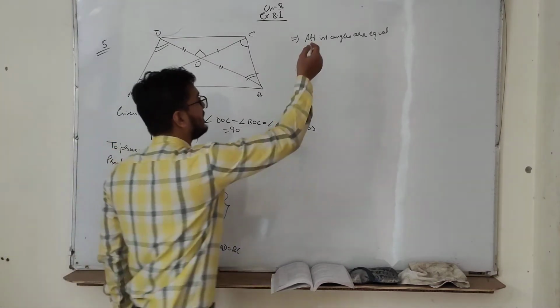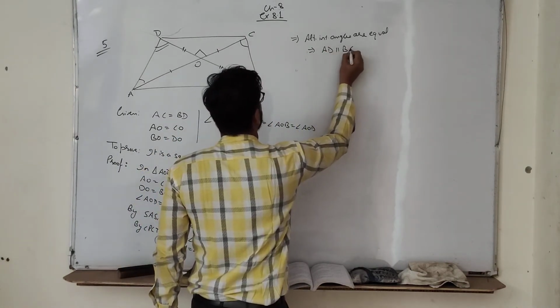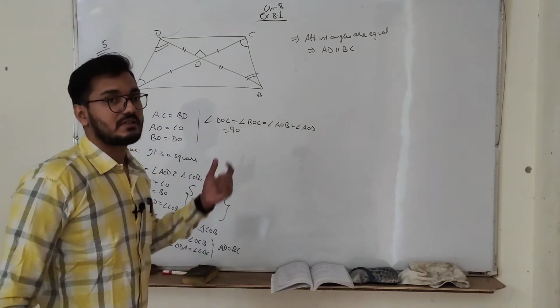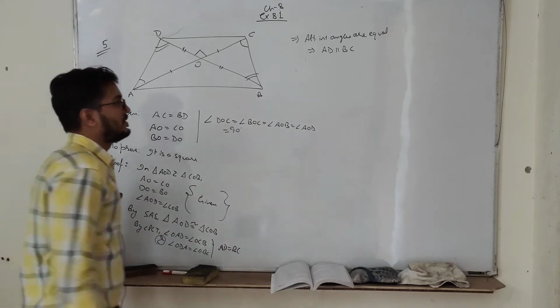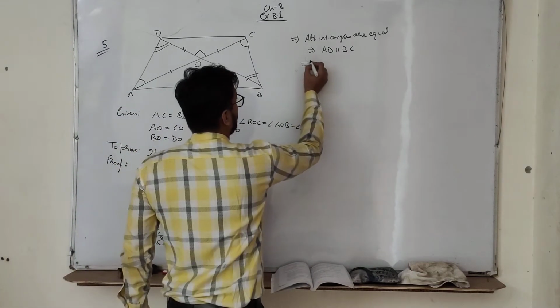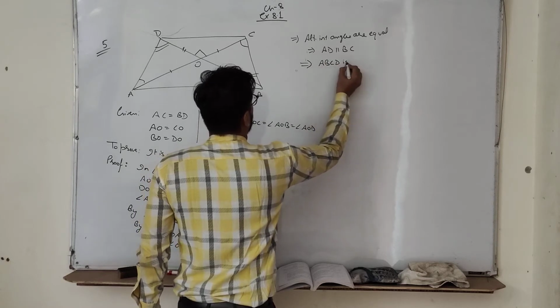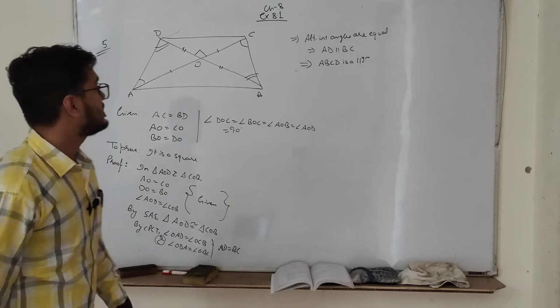If alternate interior angles are equal, this implies AD is parallel to BC, because alternate interior angles are equal only in case of parallel sides. So AD is parallel to BC and AD is equal to BC. So if one pair of opposite sides is equal and parallel, this implies ABCD is a parallelogram.